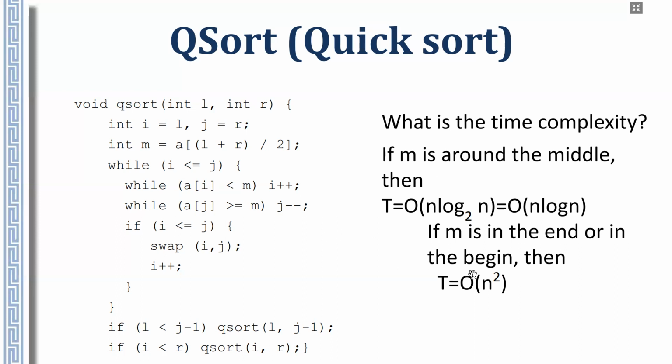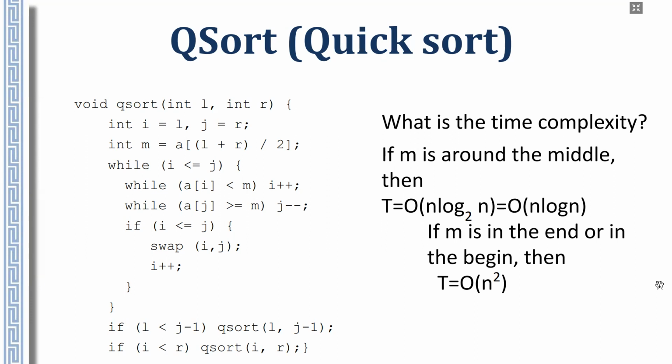But if we have randomly generated data, then in the average case we have n log n complexity for real world data, if no one attacks your system. But if someone wants to attack your system, they can give you incorrect values so that you get a very slow sorting algorithm, and it can be very bad for your system.